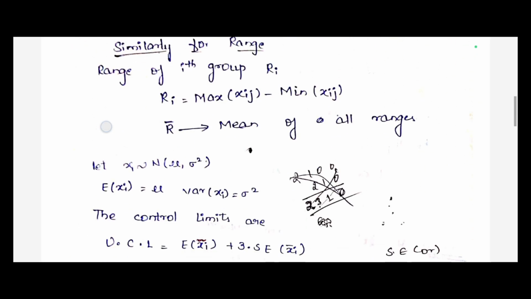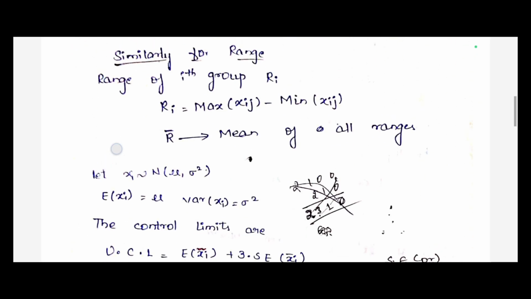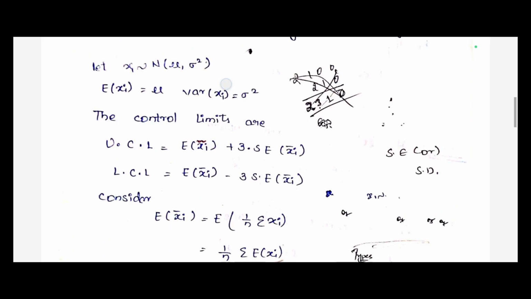We also have the range calculations: Ri equals the maximum of xij minus the minimum of xij, where R bar is the mean of all the ranges.